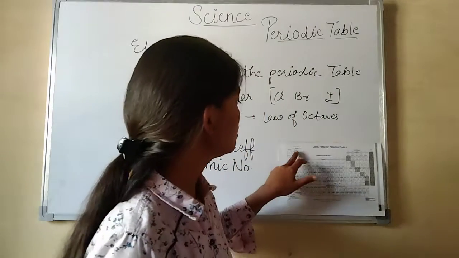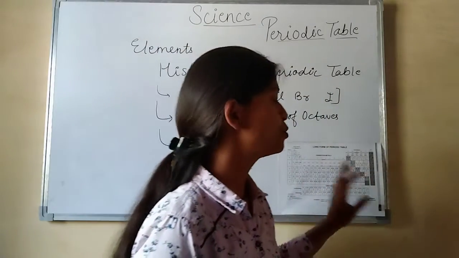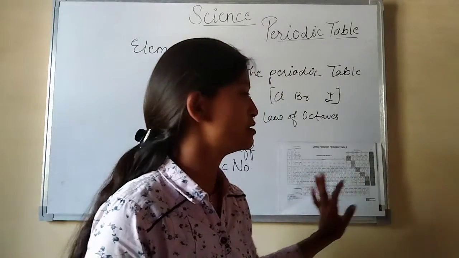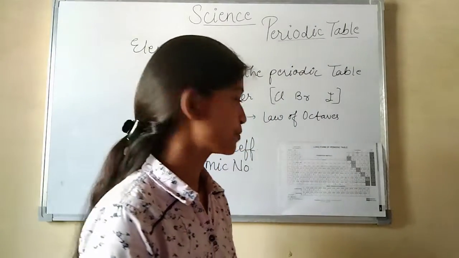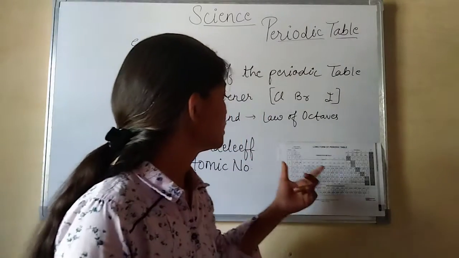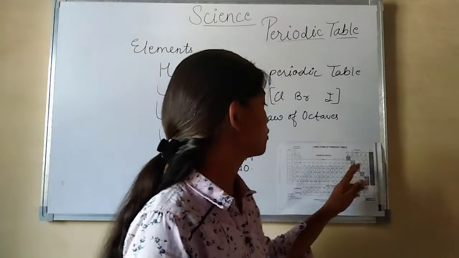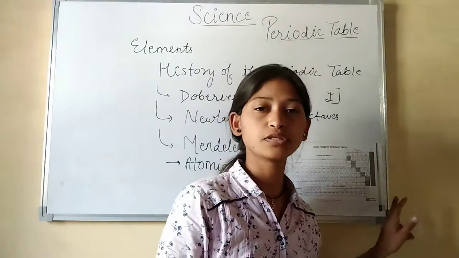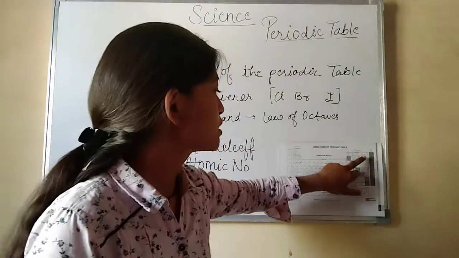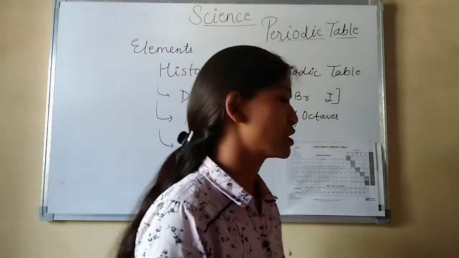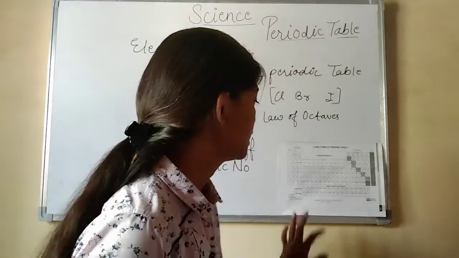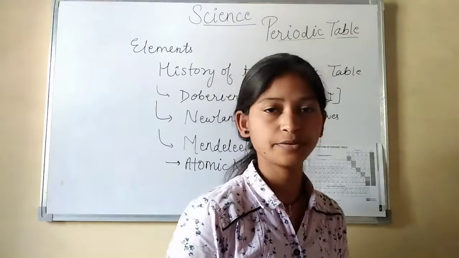There are 18 columns here called groups, and 7 horizontal lines called periods. There are groups 1, 2, 3, 4, 5, and at last the 18th group, also called the zero group, because inert gases are present here. They are inert because they do not generally react with other elements.